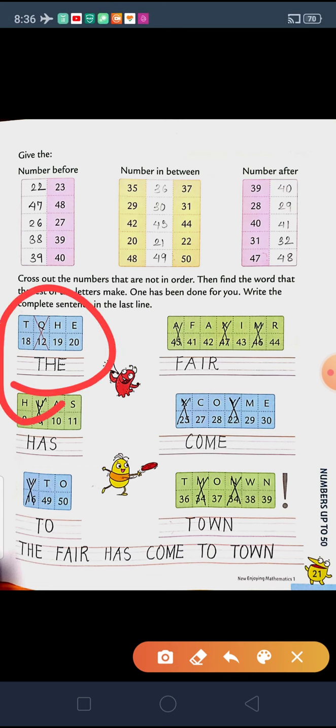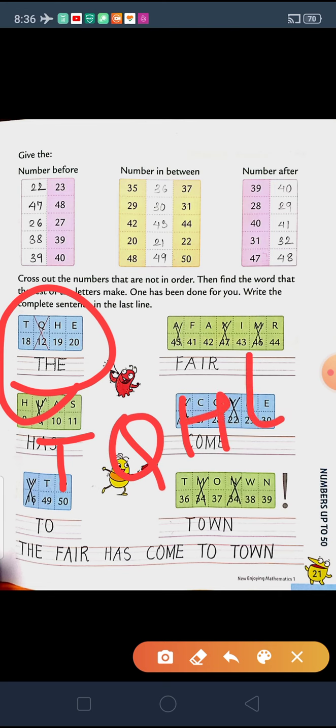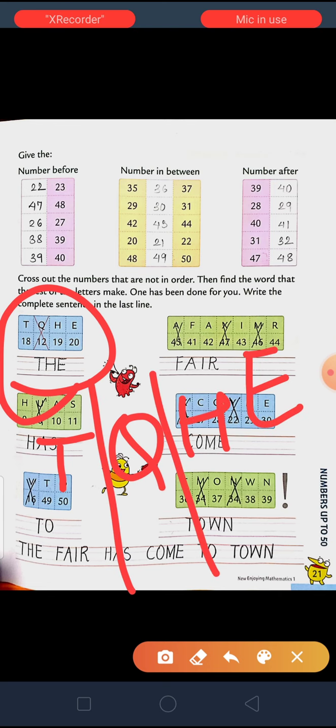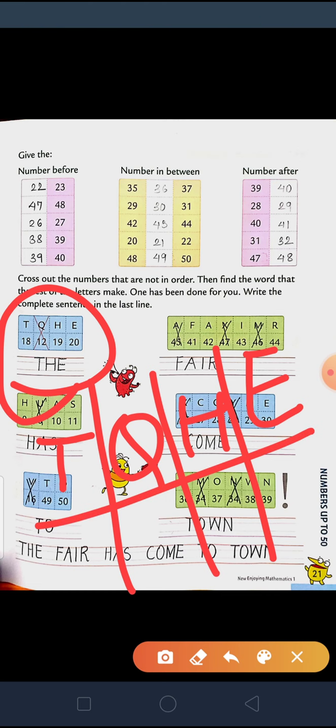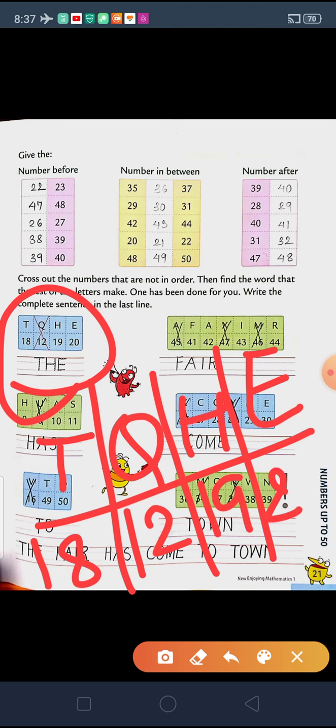So let us see the first one. They have given the example. Now they have given us T Q H E. Now from this, what do you understand? First we will not see the letters, we will see here. See, 18 is given, 12 is given, 19 is given, and 20 is given.